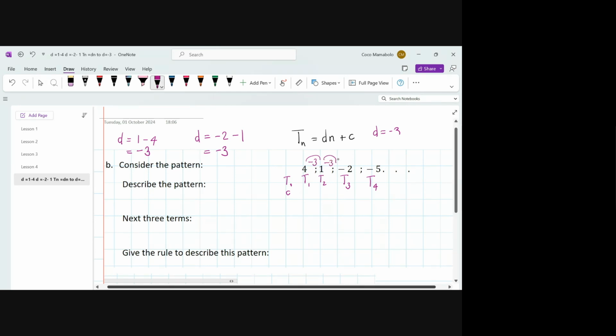Now, remember, when we go that way, we minus 3, minus 3, minus 3. If we're going in the other direction, what are we going to have to do? Instead of minusing 3, because now we're going backwards, we're going to add 3.